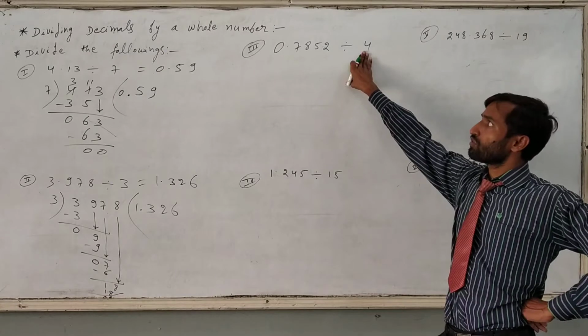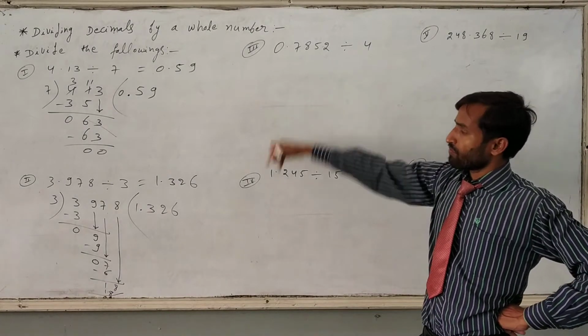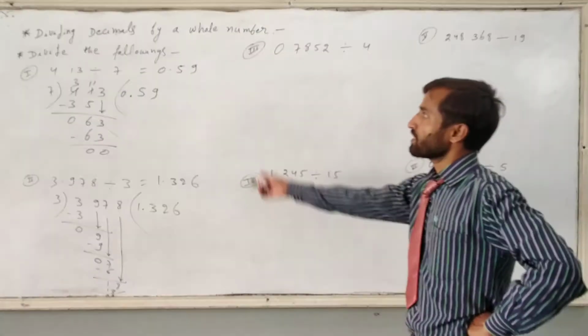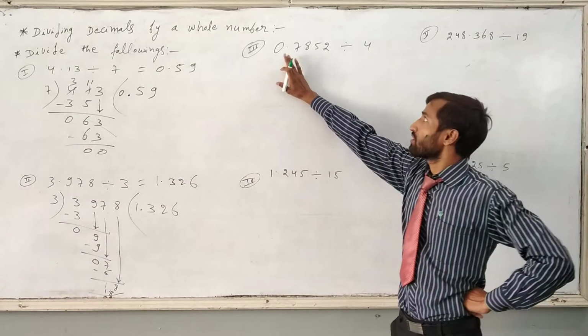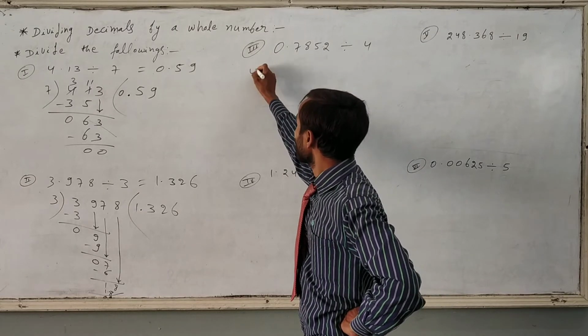Next question, you have to follow the same steps. Just see, in the first question there is one digit before the decimal, but here there is a zero before the decimal. So this is a unique question. Write it down and divide by 4.